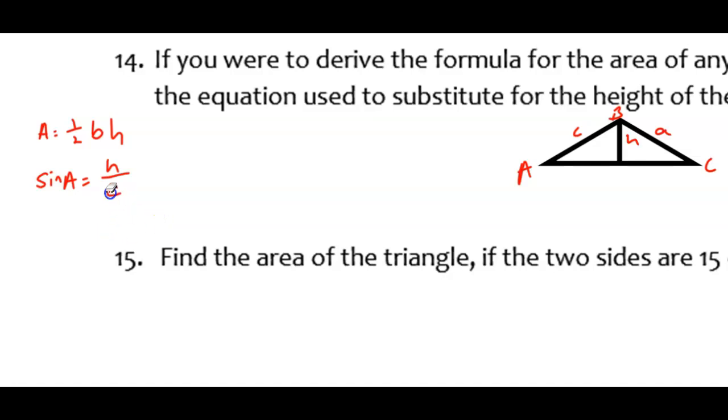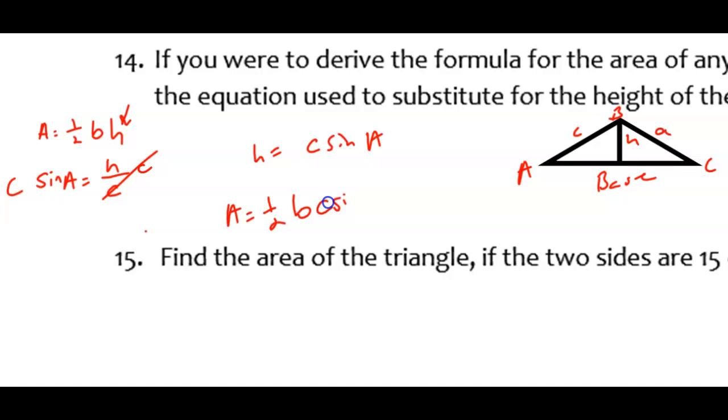When I isolate H, because I want to find the height, by the way, the base is B. Let's isolate H, so multiply by C on both sides. So H equals C sine of A. So when you make the equation, you have A equals 1/2 the base times the height. Well, what do we know the height to be? C sine of A.